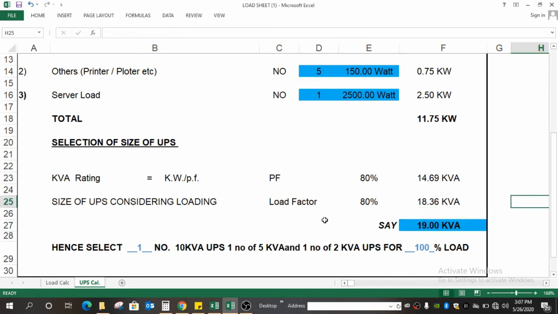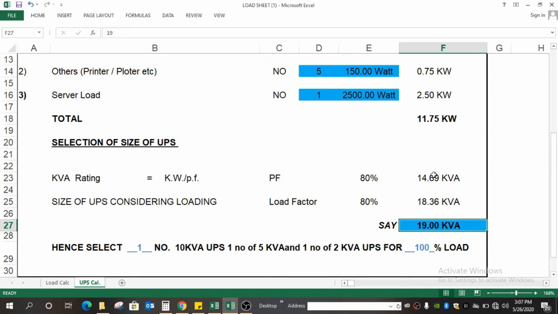But in the market we don't get a 19 kVA UPS for our use. It's not a customized one. In the market, UPS is only available in specified sizes. If we need more, we have to make it a bank, or in small sizes we get a single battery also. If it's 19 kVA, we don't get a 19 kVA UPS in the market.